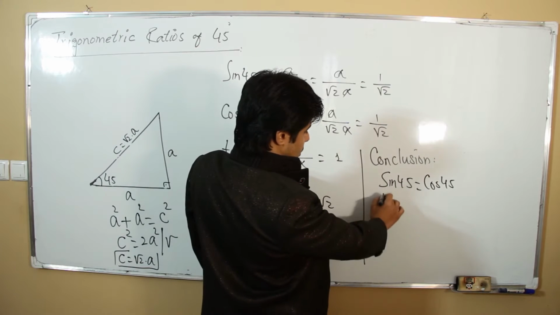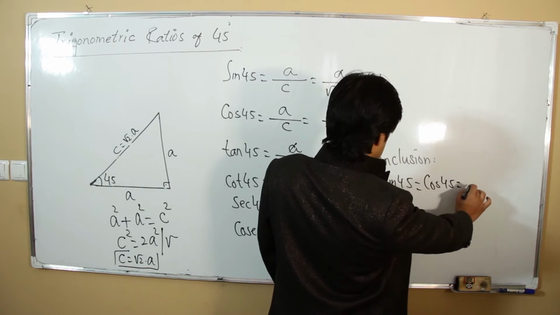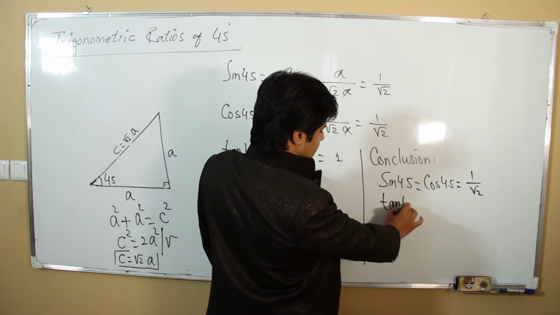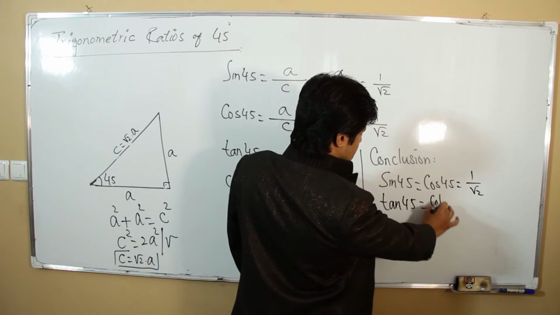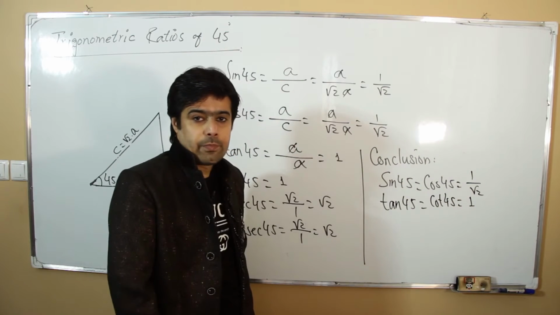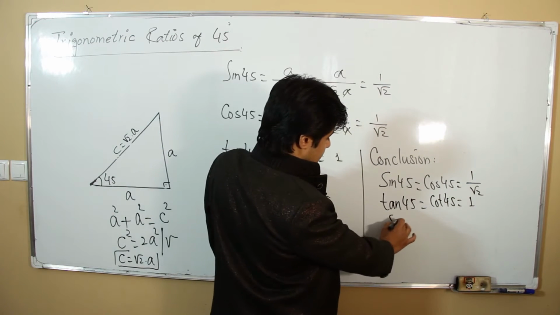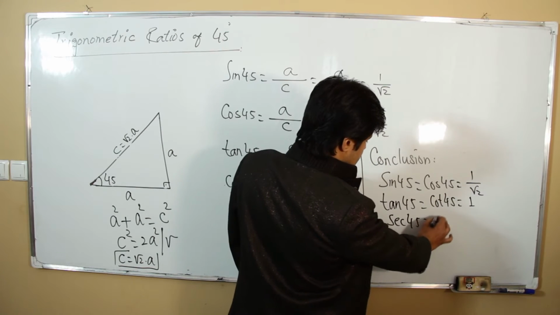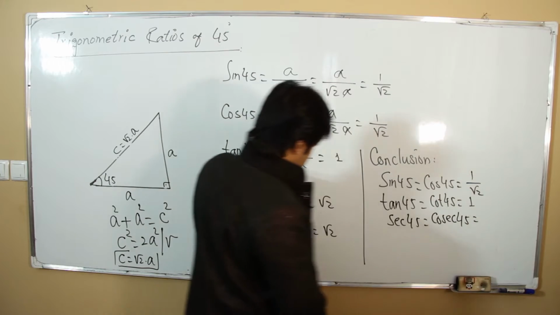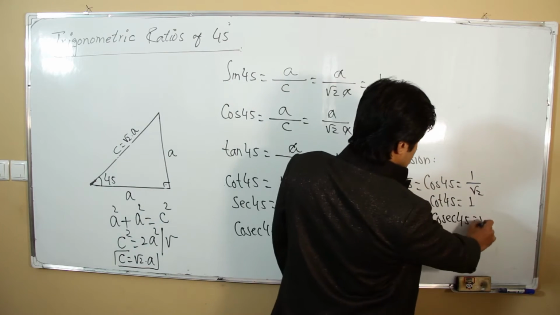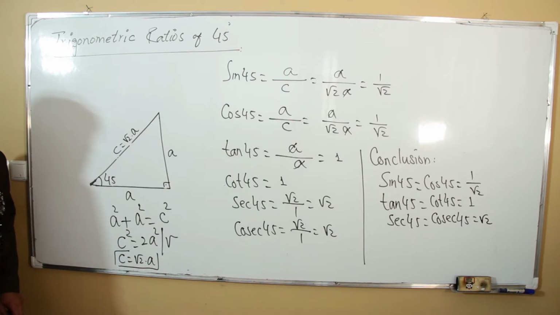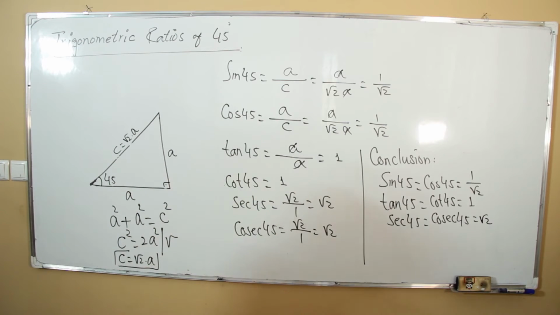And so, tangent of 45 is equal to the cotangent of 45, which is 1. And so, sec of 45 is equal to cosec of 45, which is root 2. I think you have got it. Write it, please.